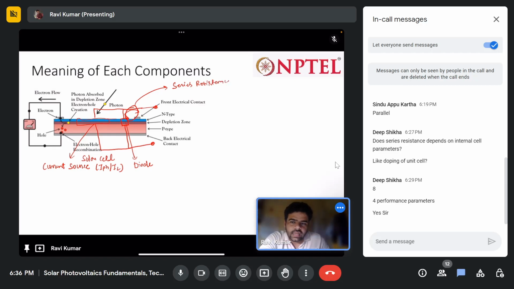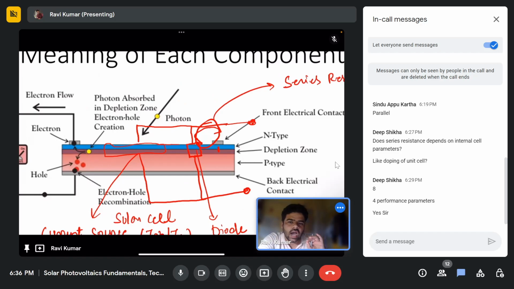See one situation here, listen carefully. Let's say there is an external or extra path here. Our PN junction is having some kind of impurity or some kind of defects. So there is an extra path here.